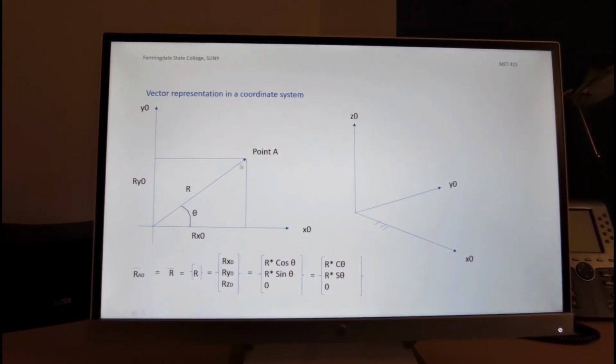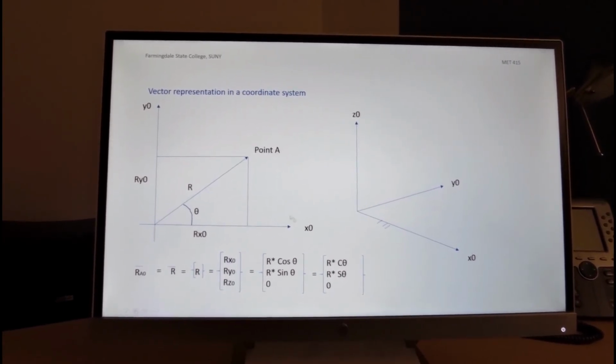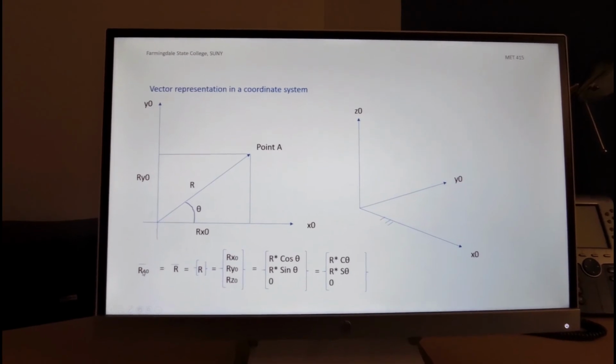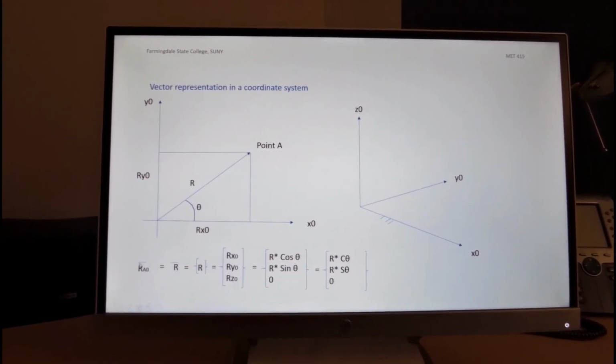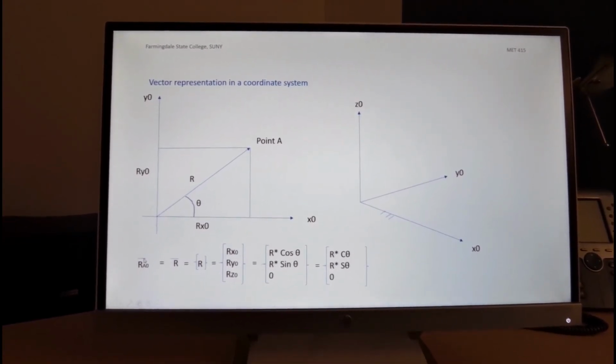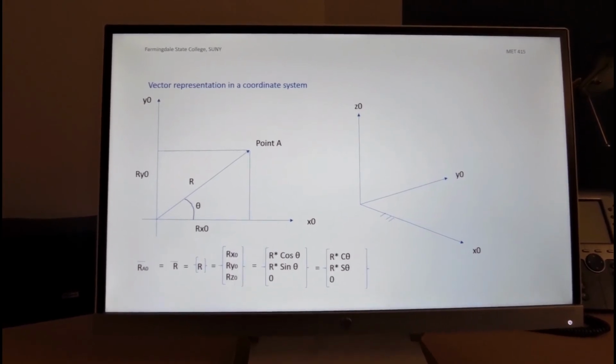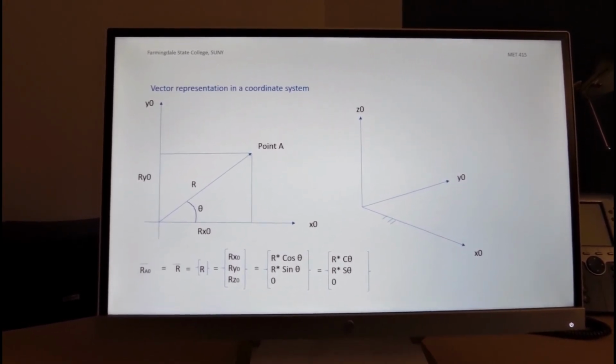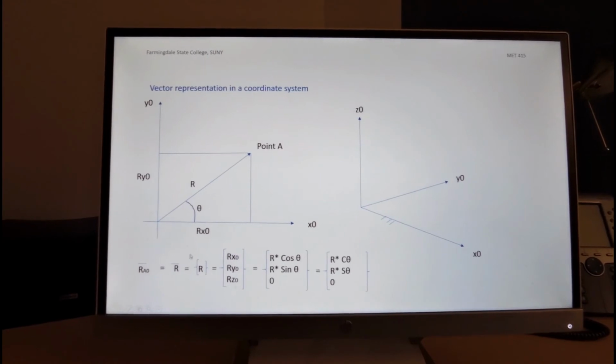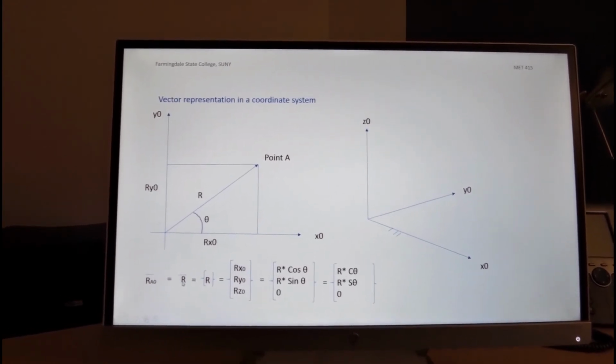We can call this vector of point A in coordinate system 0, r, A0, and we have the little bar on top to designate it as a vector. We can also define it for a shortcut as just r in some cases.